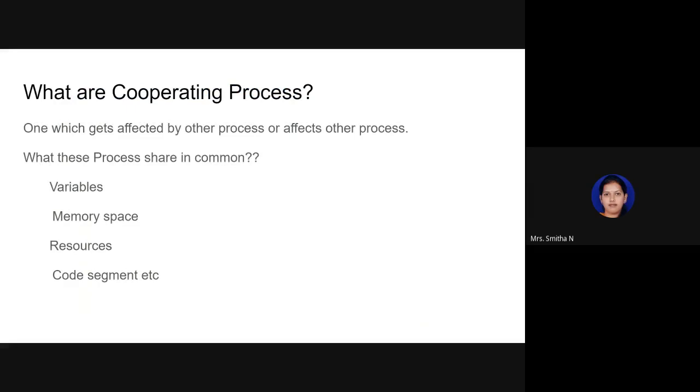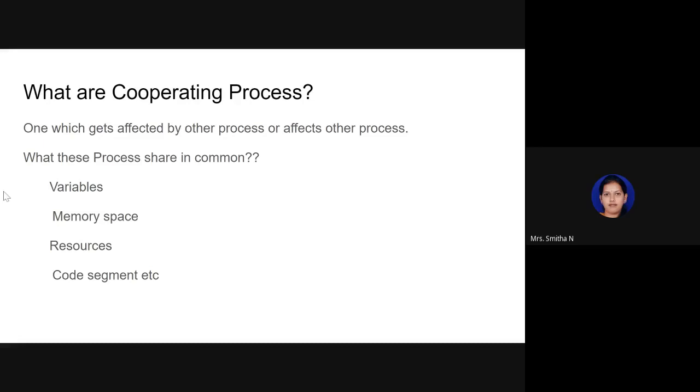As I told you, cooperative processes are those which get affected by other processes, or may affect other processes as well. They can share information, or communicate with other processes. The communication is basically by sharing their local address, or their code, or maybe sharing files, sharing messages and all.